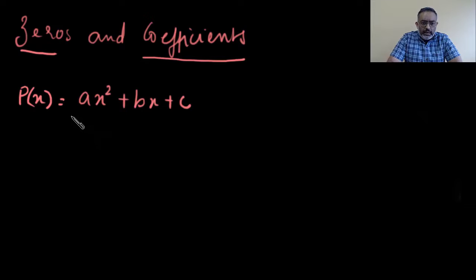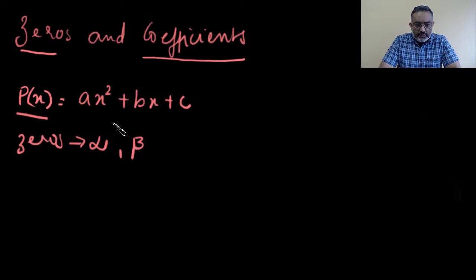Now let's say that alpha and beta are the zeros of this equation. Let's imagine this p of x using these alpha and beta variables.